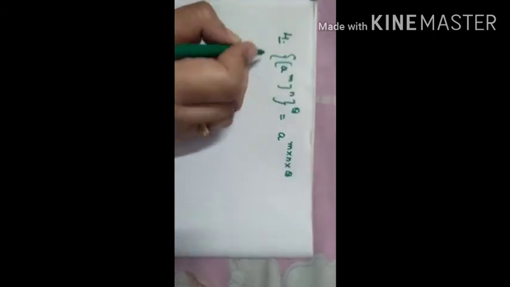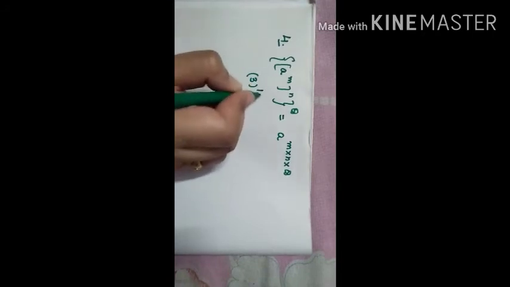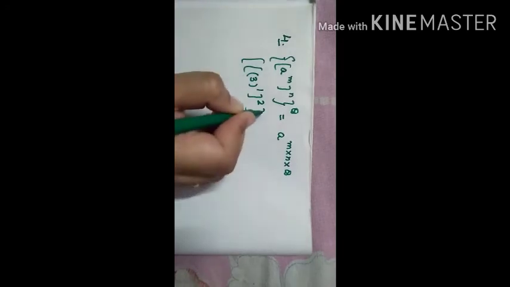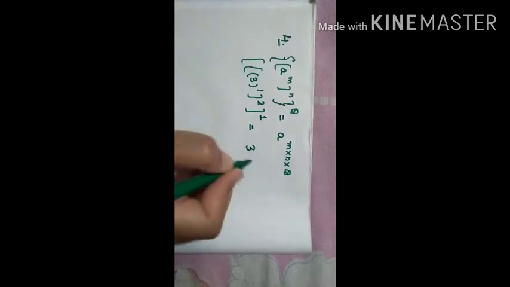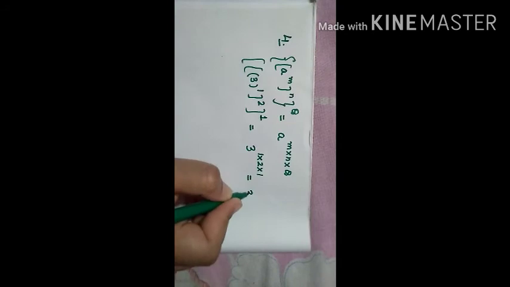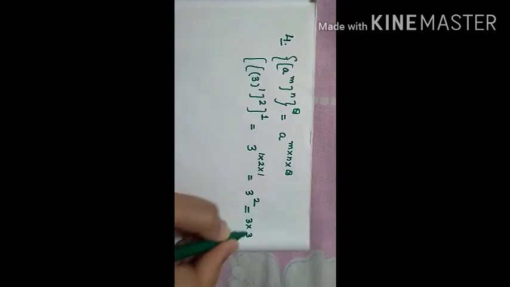For example, 3 raised to the power 1, raised to the power 2, and raised to the power again 1. So we multiply these powers. 3 raised to the power 1 into 2 into 1, that is 3 raised to the power 2, that is 3 into 3 is equal to 9, and this is the answer.